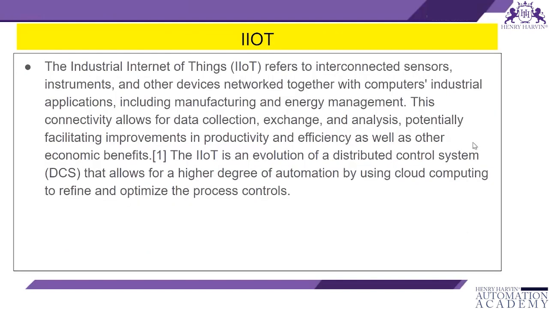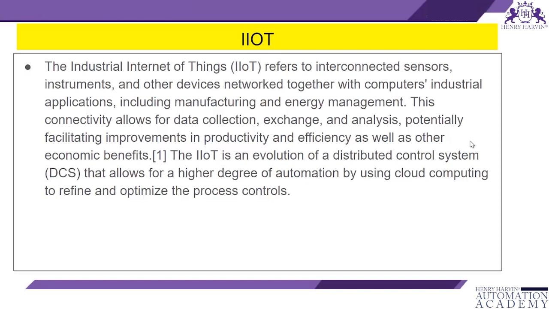Another extension to this term of IoT is the IIoT, also called the Industrial Internet of Things, which refers to interconnected sensors, instruments, and other devices networked together with computers in industrial applications, including manufacturing and energy management. This connectivity allows for data collection, exchange, and analysis, potentially facilitating improvements in productivity and efficiency as well as other economic benefits.